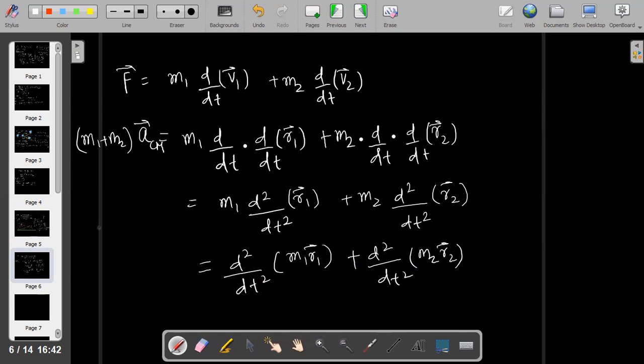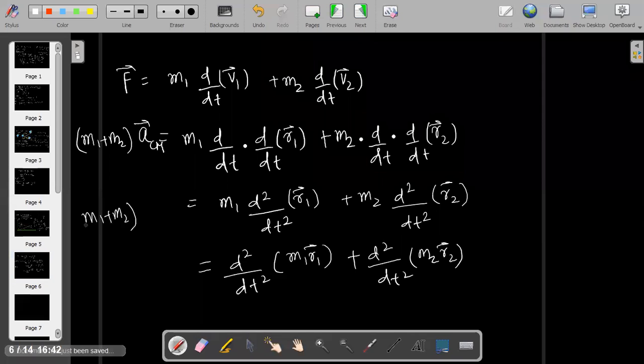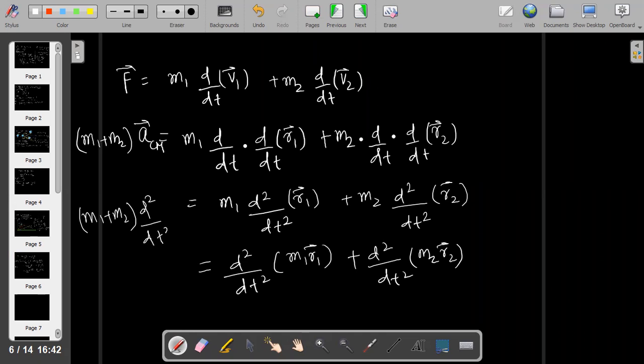Now acceleration is the double derivative of displacement, d square by dt square, here of the position of the center of mass. Do you agree with this? The first derivative of displacement gives velocity.